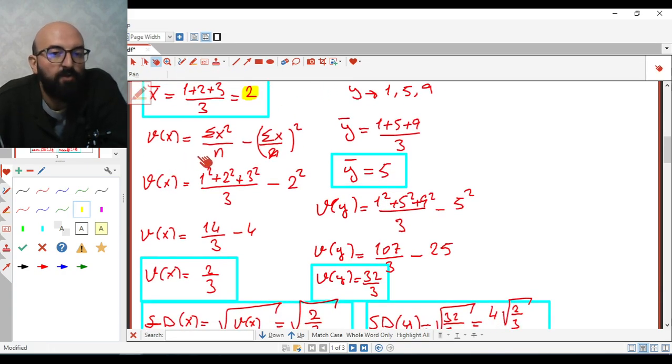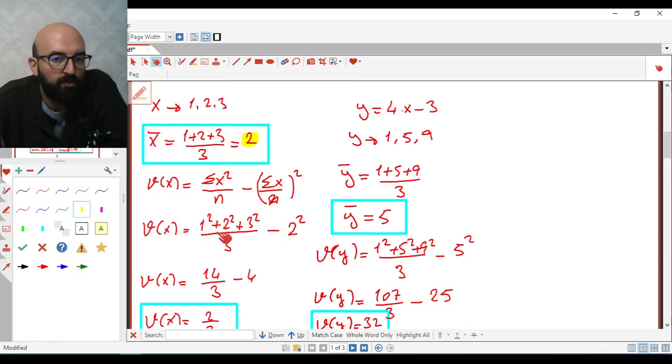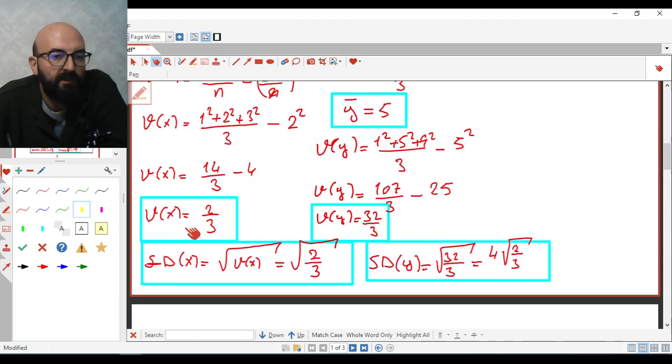The variance of x means the sum of x square over n minus the mean of x square. So the sum of x square, 1 square plus 2 square plus 3 square over 3 minus the mean of x square. So the variance becomes 2 over 3.